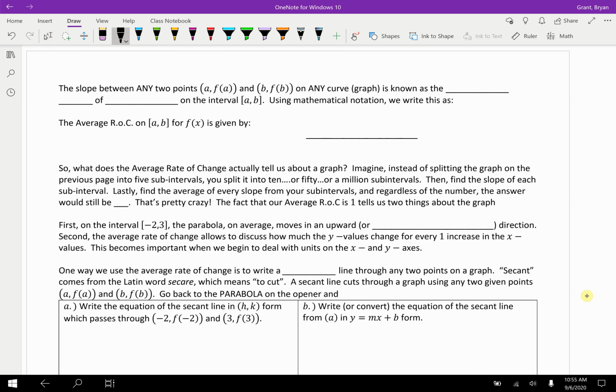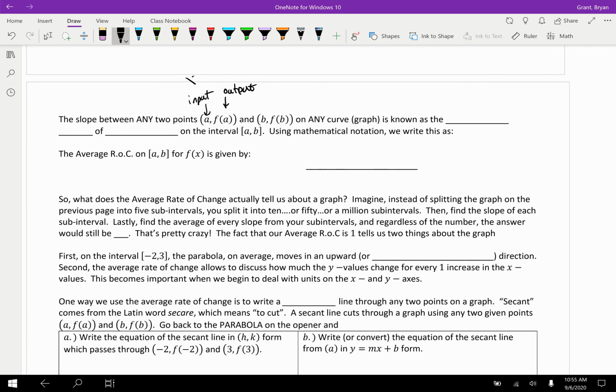So a comma f of a means an input of a and an output of f of a. Or, of course, that's just fancy speak for an x and a y. But writing it like this actually means you get to use fewer variables. You're just using the variable a, and this f isn't actually a variable. Remember, this f is a set of rules. It says input a, do something to a, and once you've done something to a, you get a new output.